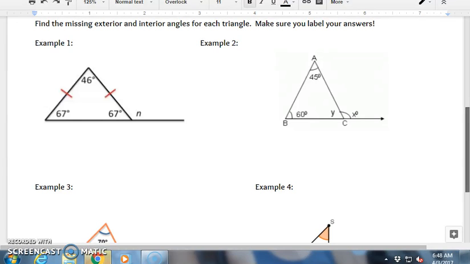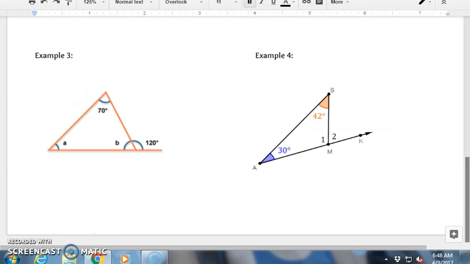Okay, so important to remember that the interior angles of a triangle equal 180, and then the adjacent and exterior angle also equal 180. All right, so in example 3, they gave us the exterior angle and only one interior angle. Okay, so we kind of have to work backwards.